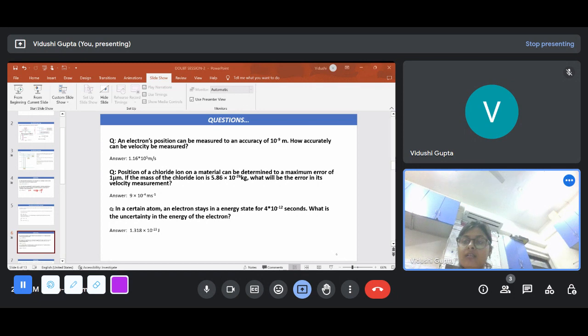Delta lambda upon lambda naught equals to V by C. Where delta lambda is change in wavelength, lambda naught is the emitted wavelength, V is the relative velocity of the source and observer, and C is the speed of light in vacuum. So change in wavelength we can write as lambda minus lambda naught. Lambda is the observed wavelength.